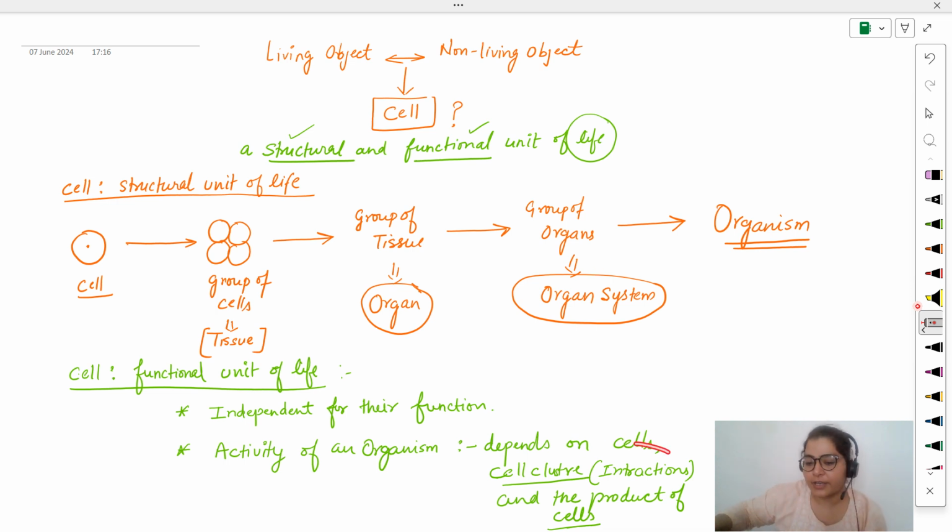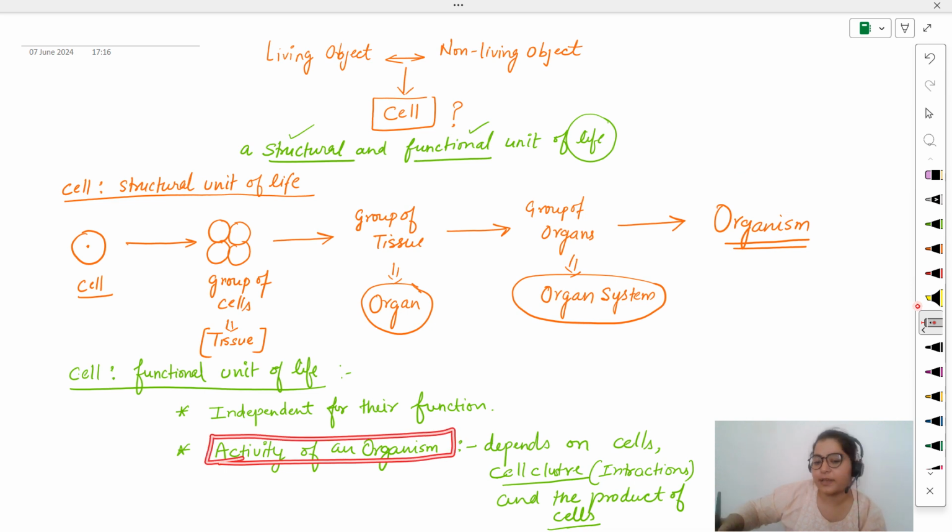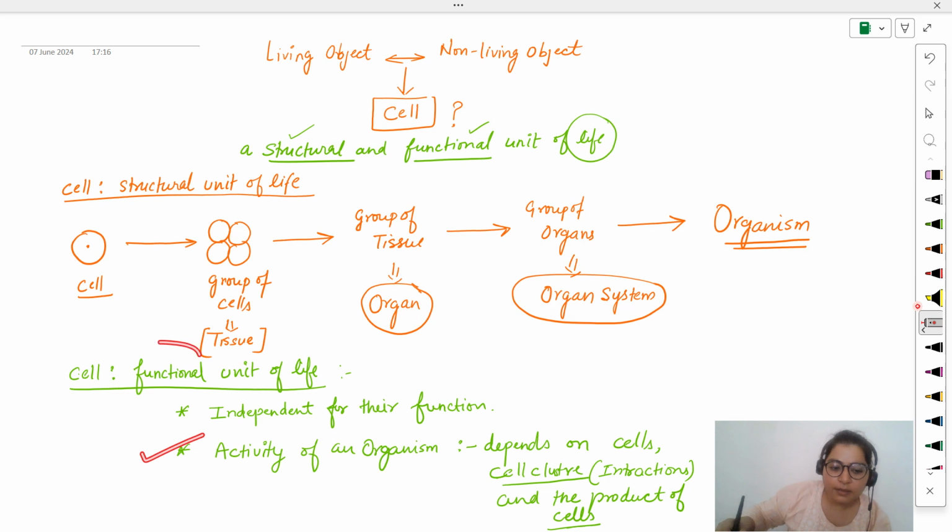So these interactions and also the products of the cell are responsible for the activity of the organism. That is the point which proves that the cell is also the functional unit of life. So if the cell performs the function, then the organism performs the function, right? So it is completely understood now.